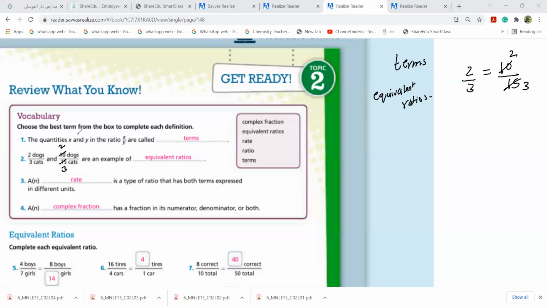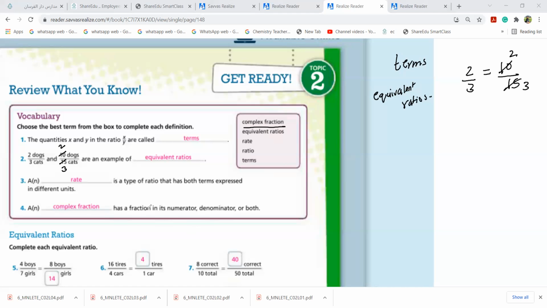Next. A dash is a type of ratio that has both terms expressed in different units. What is it? A rate. A rate is a type of ratio that has both terms expressed in different units. A dash is a fraction. What is a fraction called? Complex fraction, and its numerator, denominator are fractions.